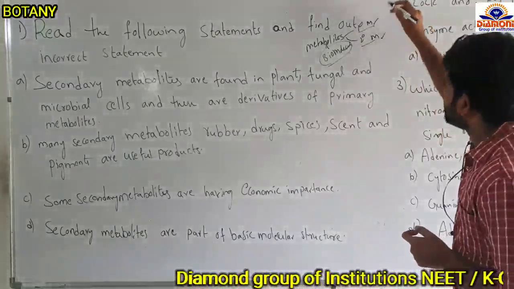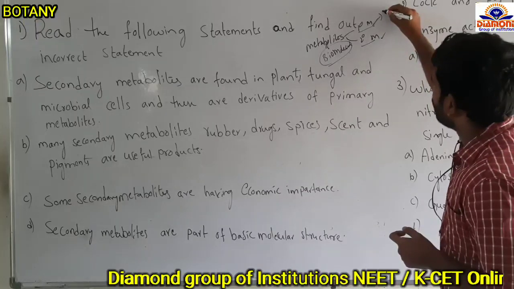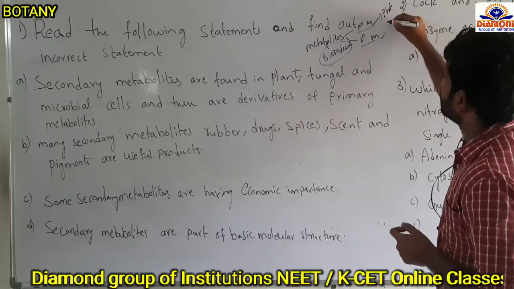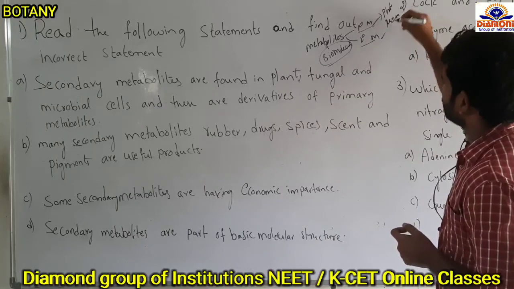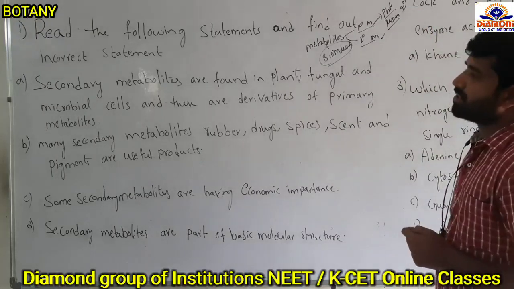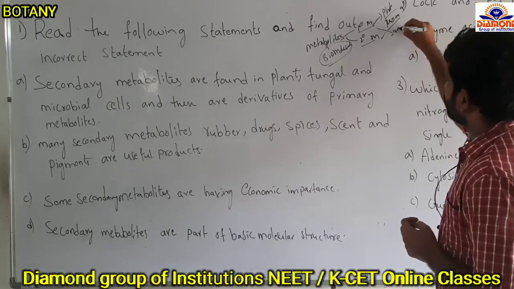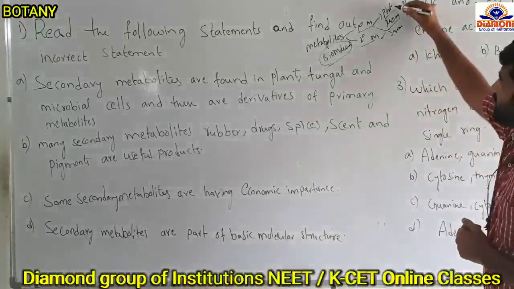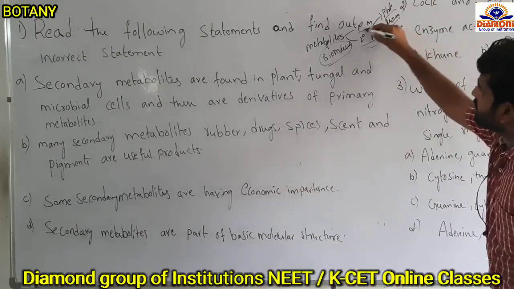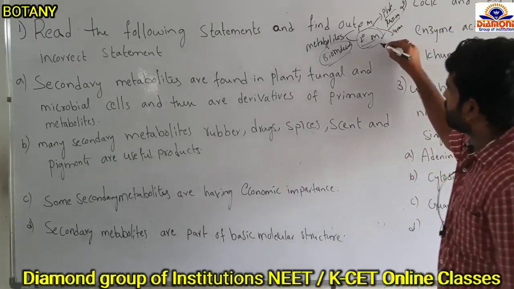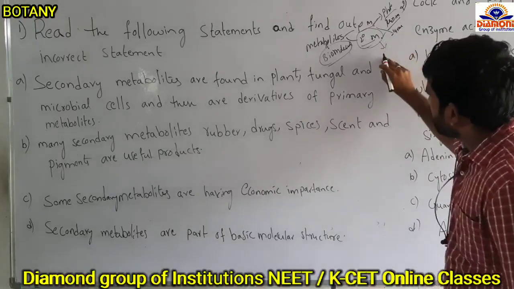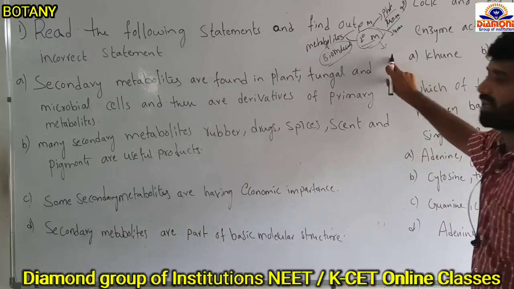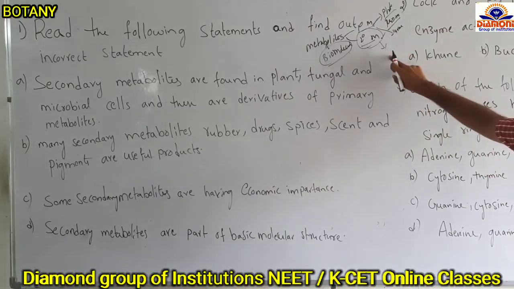The primary metabolites are the metabolites involved in the primary processes such as photosynthesis, respiration and growth and development. Such metabolites we call primary metabolites. Coming to the secondary metabolites, these are biomolecules that are derivatives of the primary metabolites.